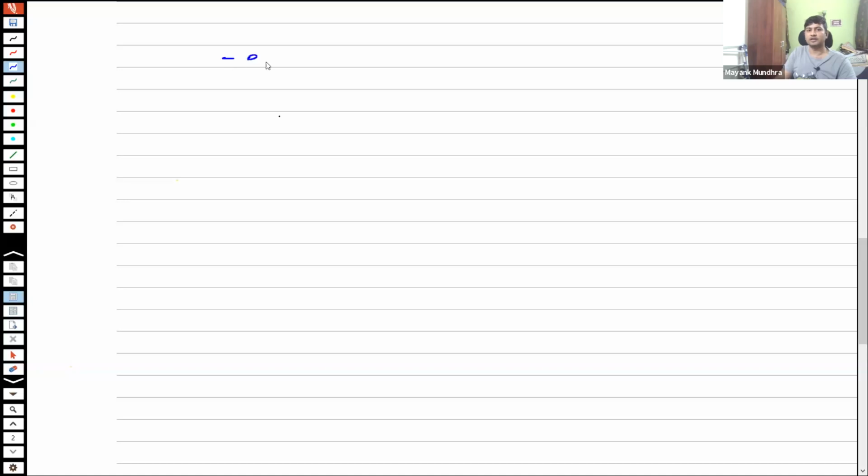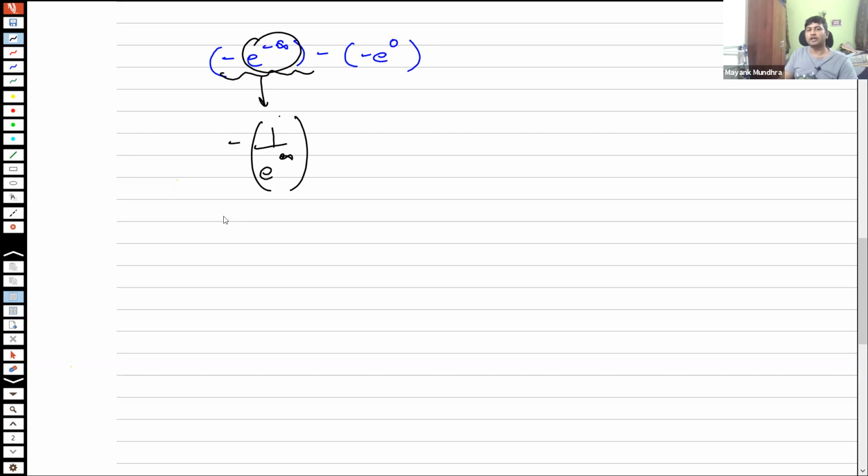So my final result is minus e to power minus infinity minus e to power 0. Now this part is minus 1 by e to power infinity, right? e to power minus infinity can be written as 1 by e to power infinity. Now e is a value greater than 1, which implies e to power infinity will be equal to infinity.